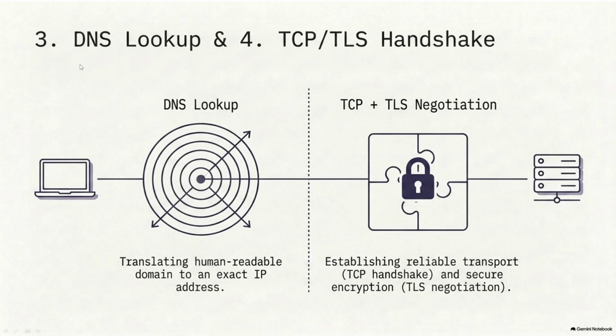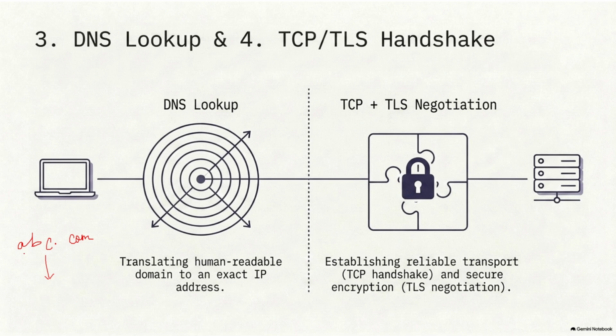Then in the third step, it will look up the DNS. What happens, friends, is that we have a website name like abc.com, but this is a domain name, and the internet will not understand this. So in the DNS, it will convert the domain into its equivalent IP address.